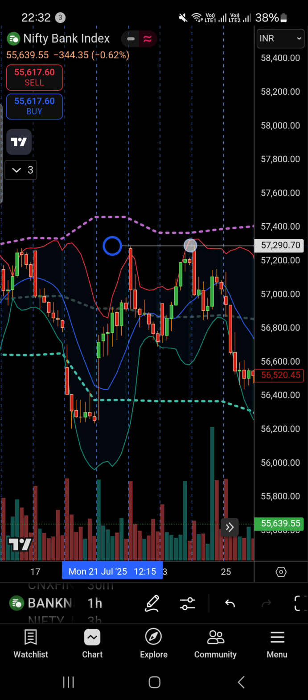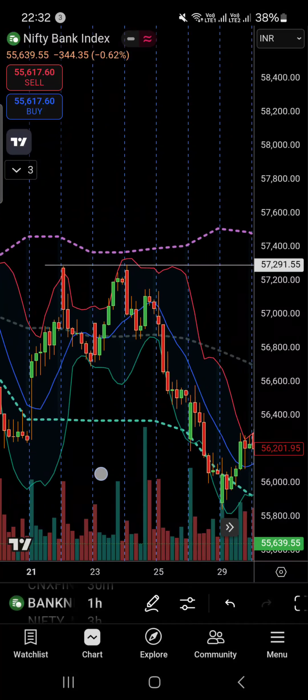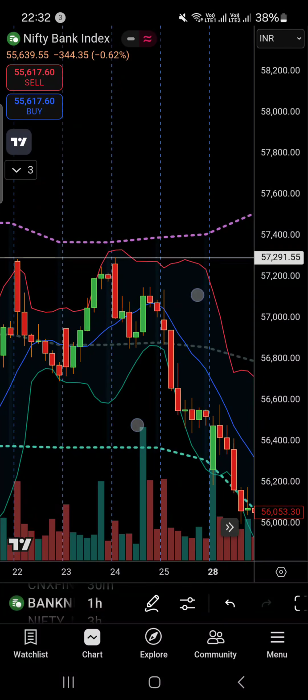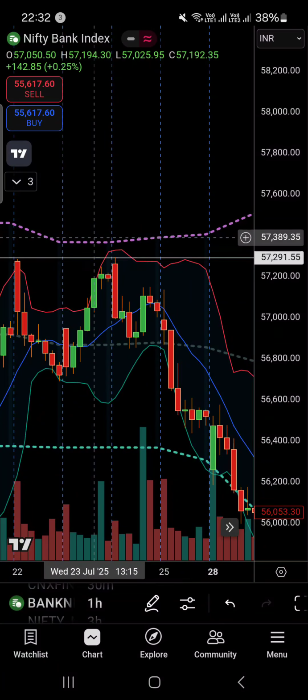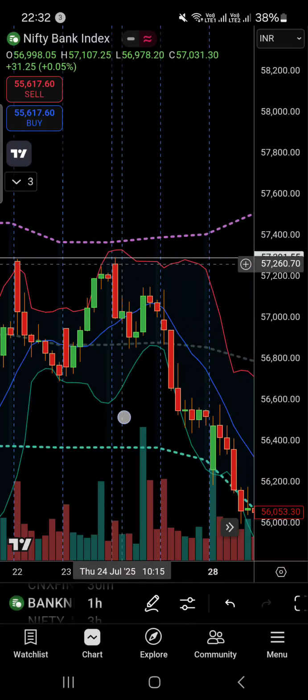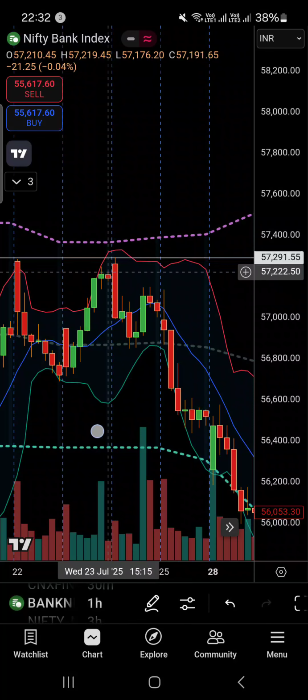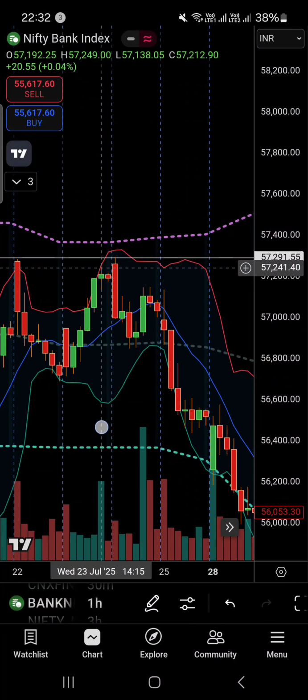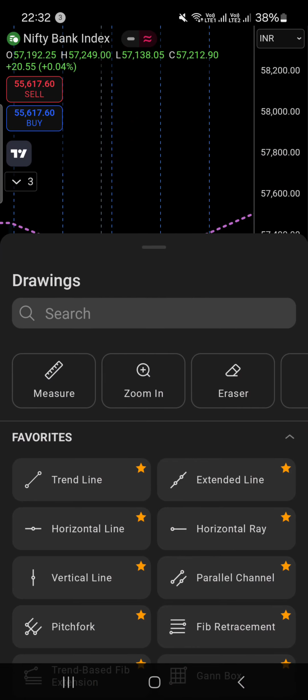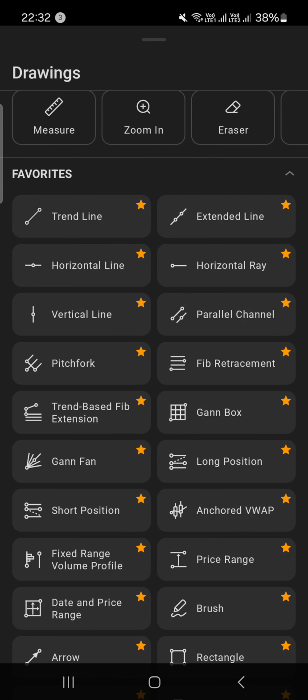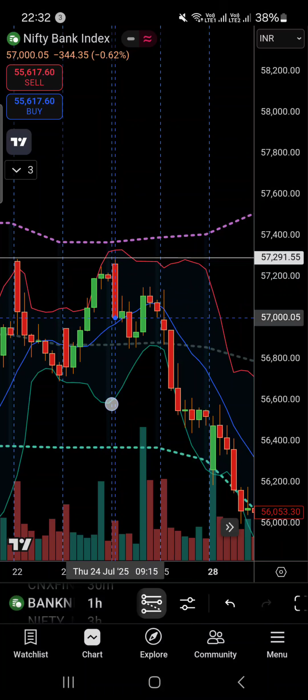Next time, this is the last time where it crossed the high, and again it reached close to this Bollinger Band area here, upper Bollinger Band, and you can put a sell order here, right?